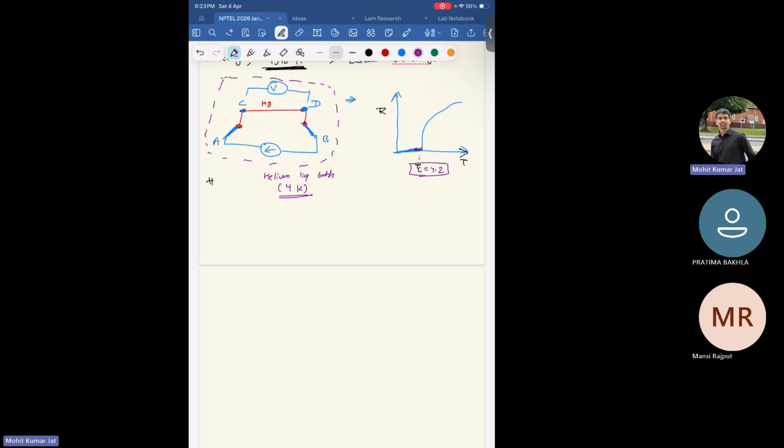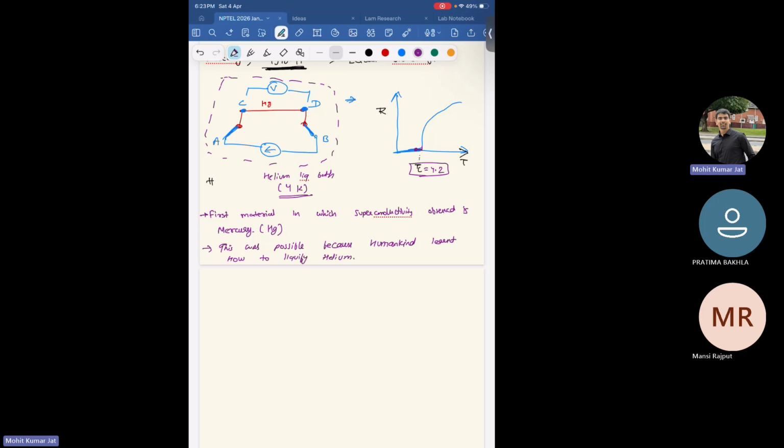That's why, as you said, the first material in which superconductivity was observed is mercury, Hg, and this was possible because humankind learned how to liquefy helium.